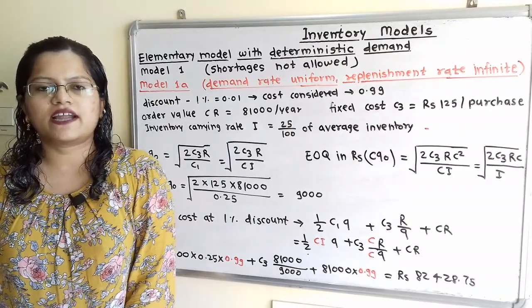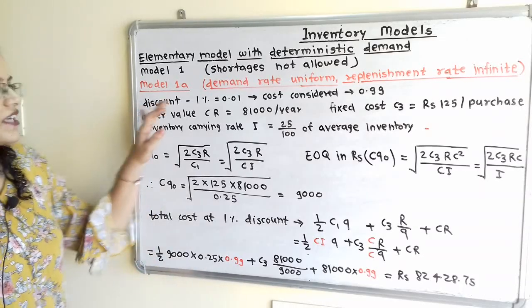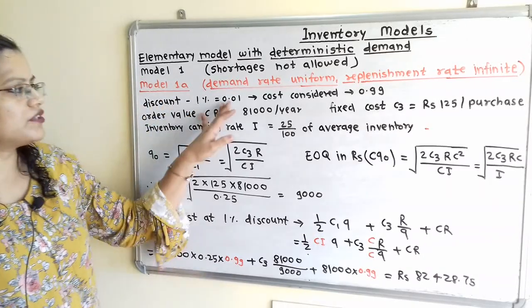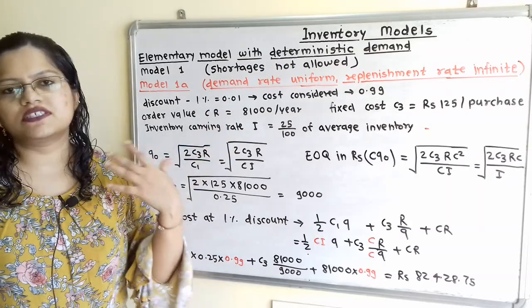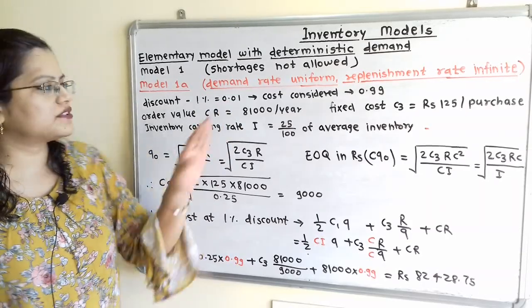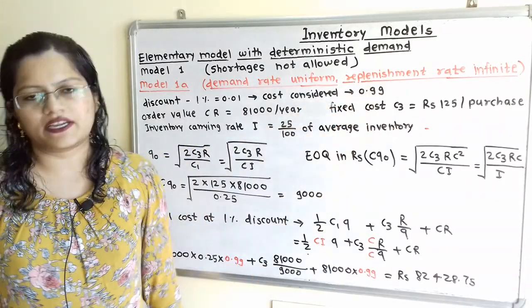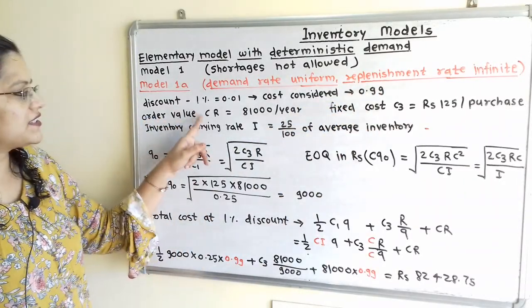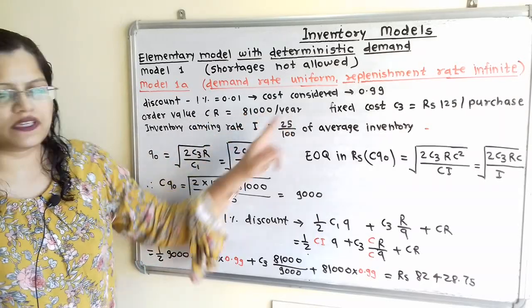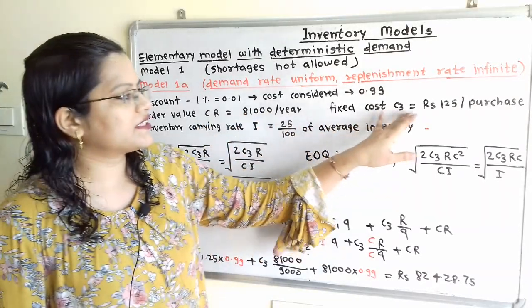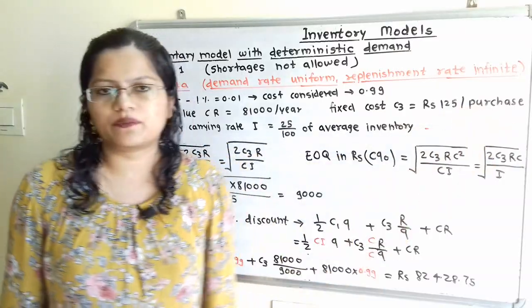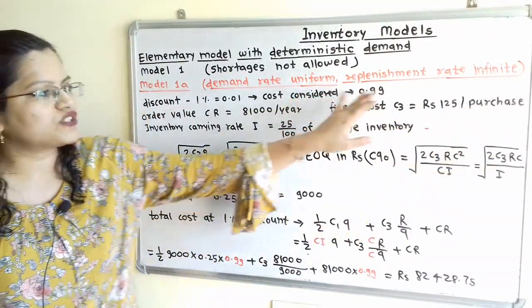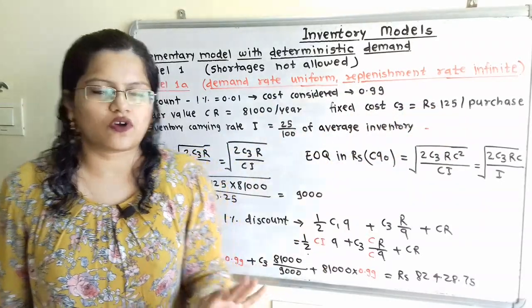Let us understand the given data. Discount is given 1%, 1 by 100, that is 0.01. So we have to consider the cost, that is 1 minus 0.01, that is 0.99. Then order value, we will mention as CR, 81,000 per year. Fixed cost C3 is rupees 125 per purchase. This is a fixed cost and the discount is not applicable to this fixed cost.